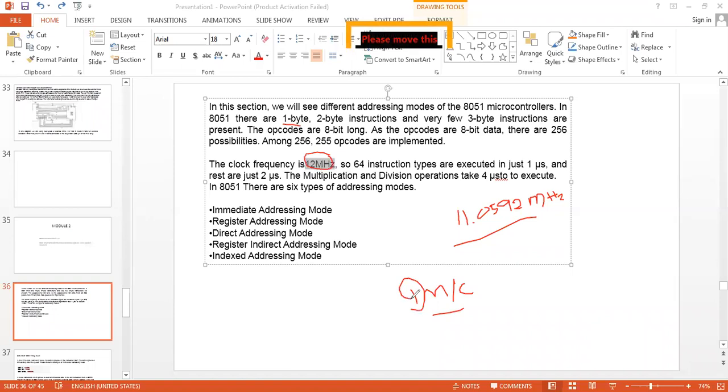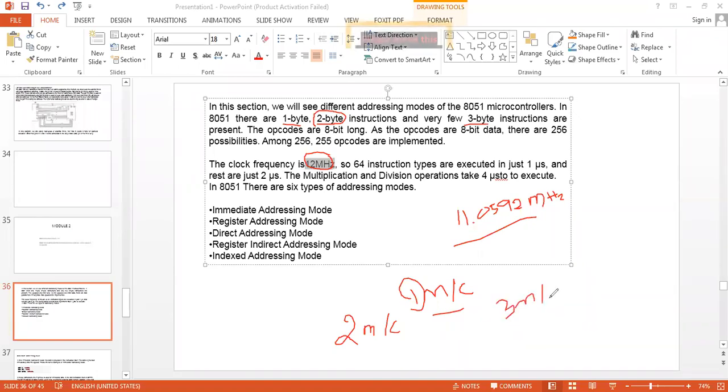A 2 byte size instruction is executed in two machine cycles. It will consume two machine cycles. Machine cycle is a speed. Then a 3 byte instruction consumes three machine cycles.